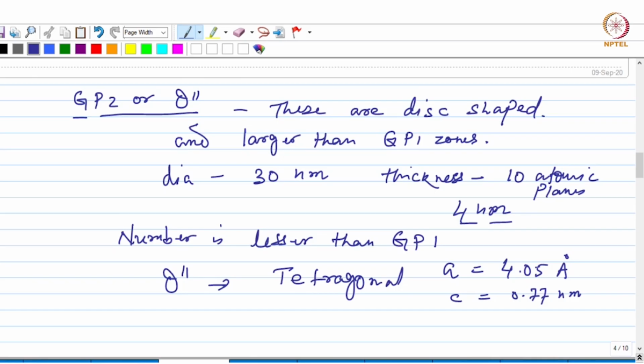And the structure basically consists of alternate layers of copper and aluminium atoms on the 100 planes.